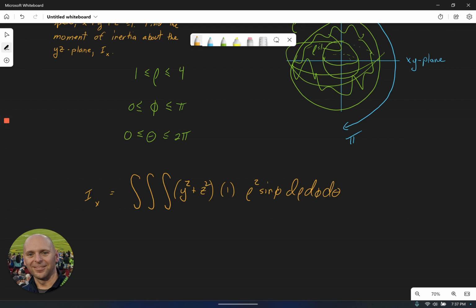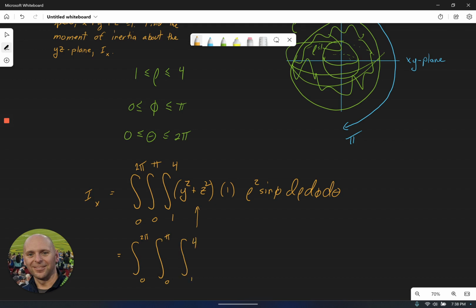All right, throw on some bounds. We've got rho going from 1 to 4. We've got phi going from 0 to pi, and theta going from 0 to 2 pi. So now we just need to convert our integrand. So we're going to have the integral from 0 to 2 pi, the integral from 0 to pi, the integral from 1 to 4.